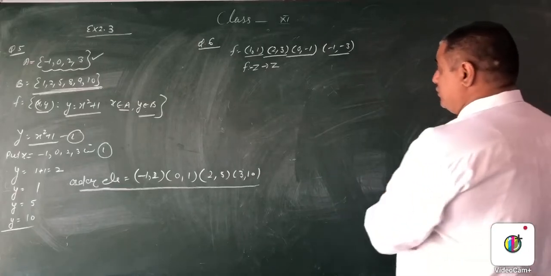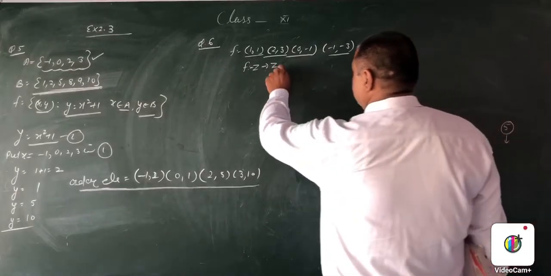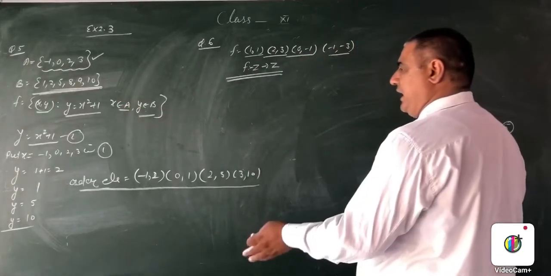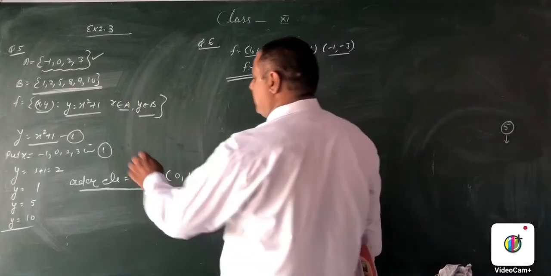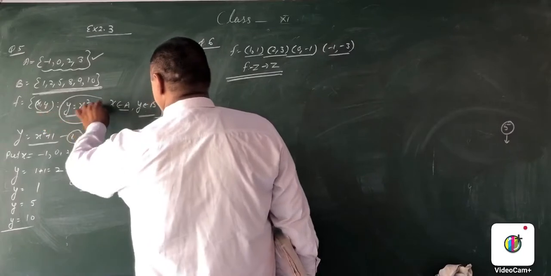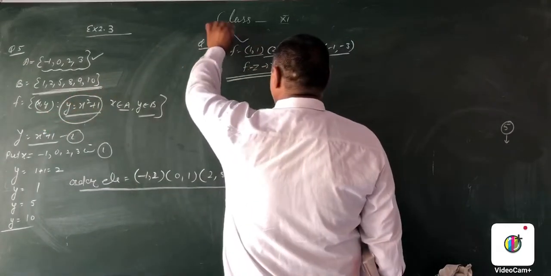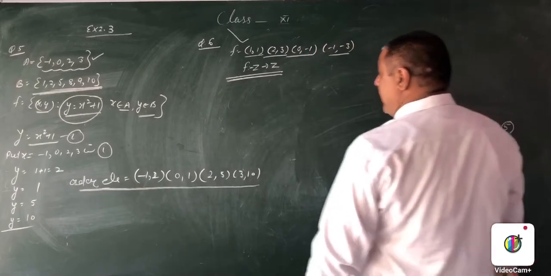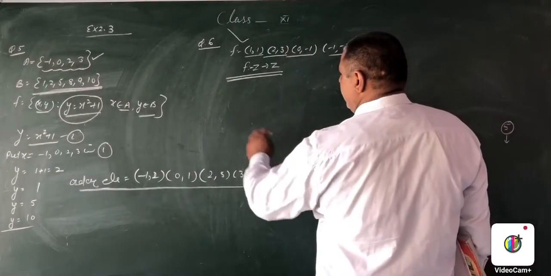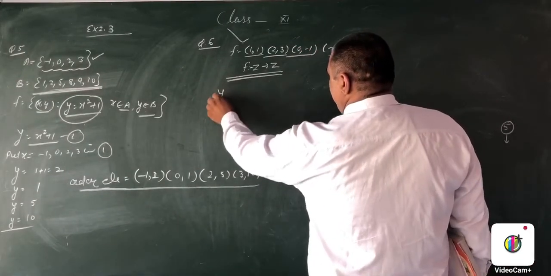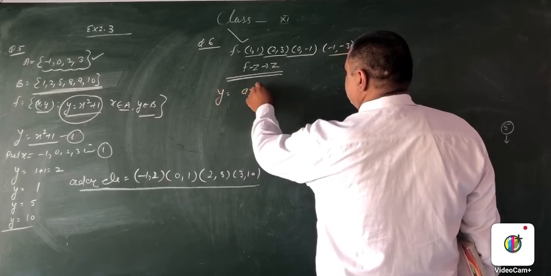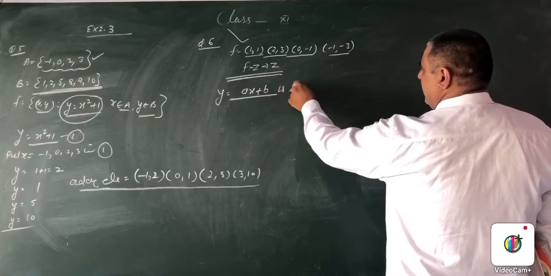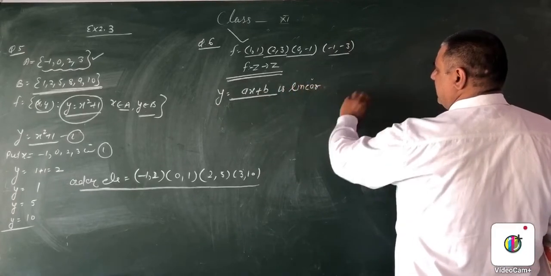Now in these questions we have to find a function, and in those questions we are given a relation or function. Here the function is given, and here we have to find the function. It is the opposite work of these two questions. Now it is said that it is a linear function. Let us take y equal to ax plus b as a linear function.